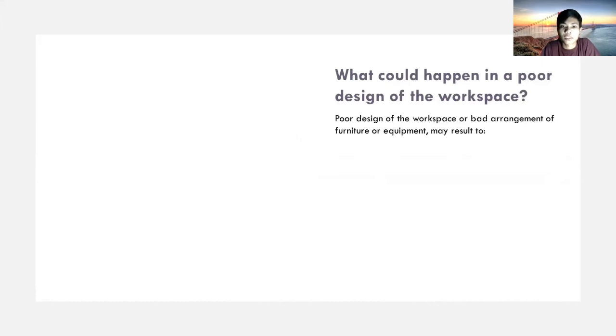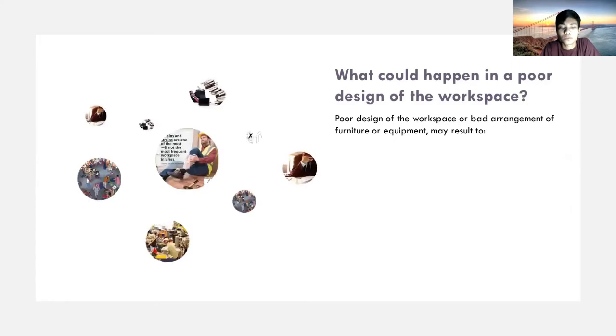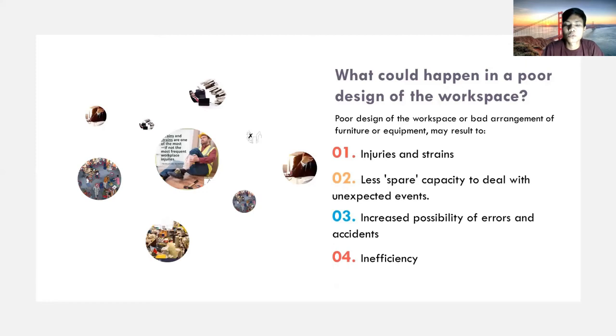So, since we already know what a workspace is, let's proceed to what could happen in a poor design of the workspace. Of course, a poor design of a workspace or a bad arrangement of furniture or equipment may result in, first, injuries and strains.